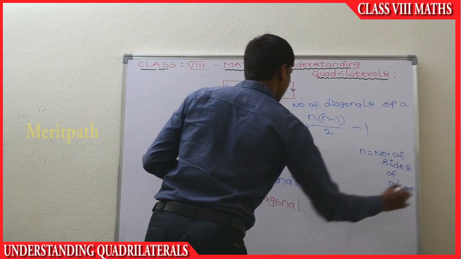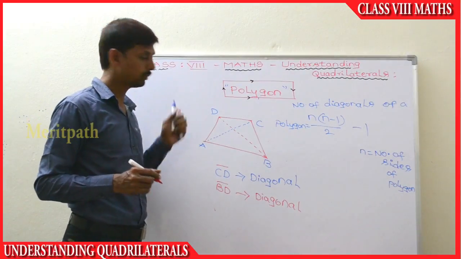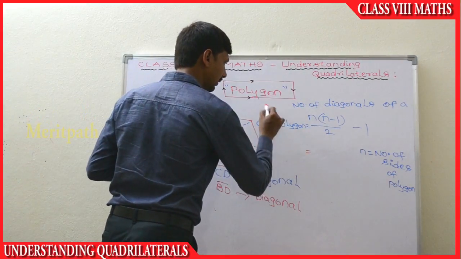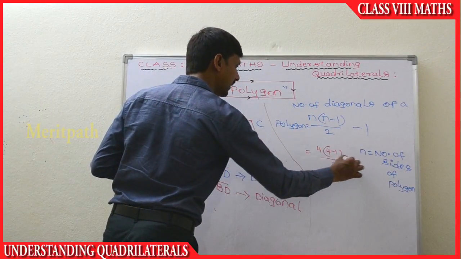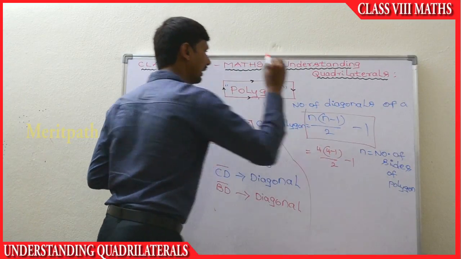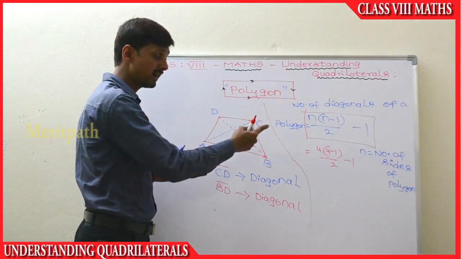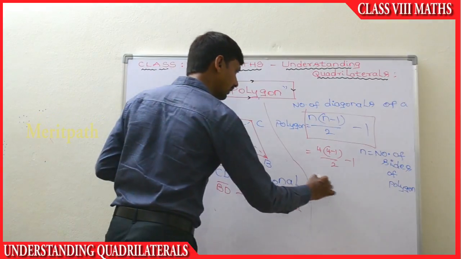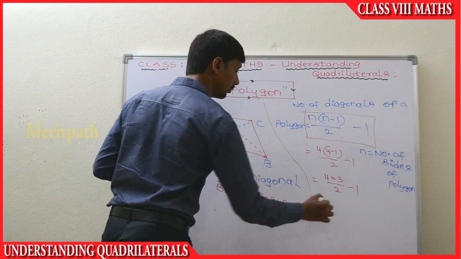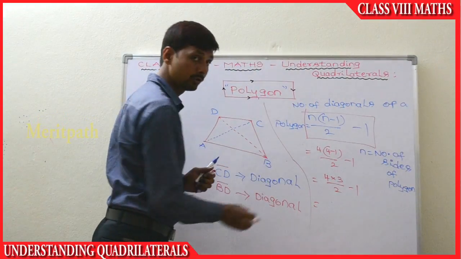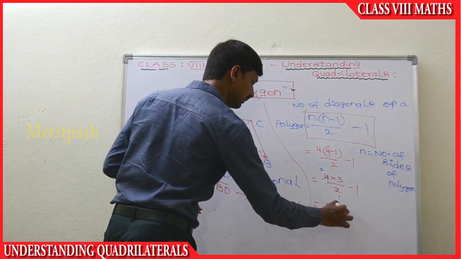The number of sides of this polygon is 4 because it's a quadrilateral. So we take 4 into 4 minus 1 divided by 2 minus 1, according to the formula as stated. 4 minus 1 is 3, by 2 minus 1. First we need to do cancellation, so let's cancel, 2 into 3 minus 1.